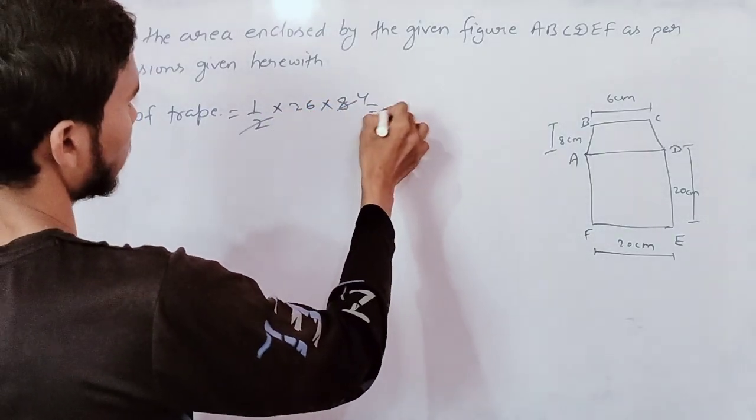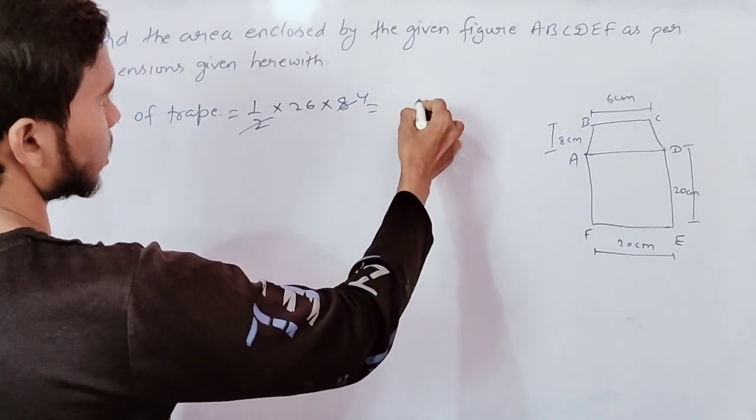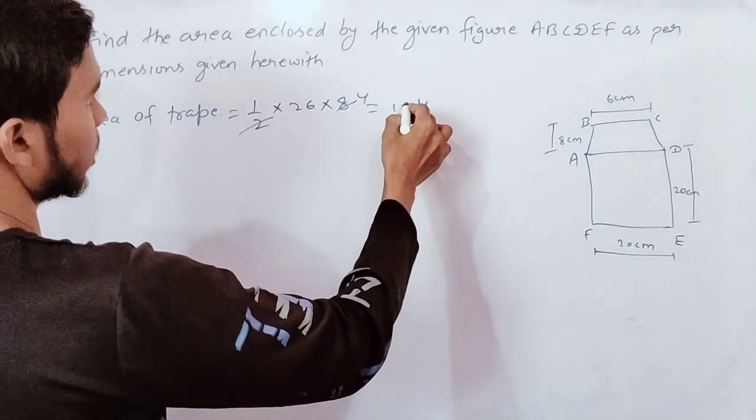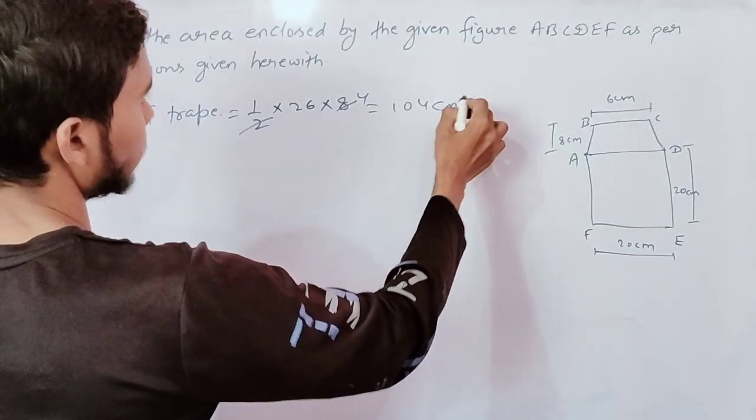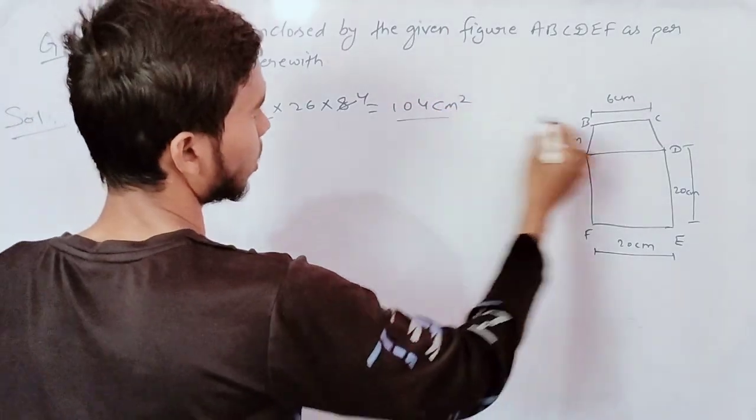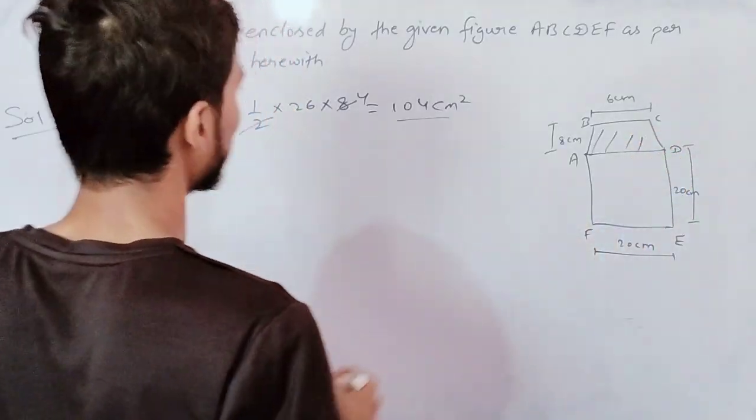That gives us 104 centimeter square. This is the area of this, isn't it?